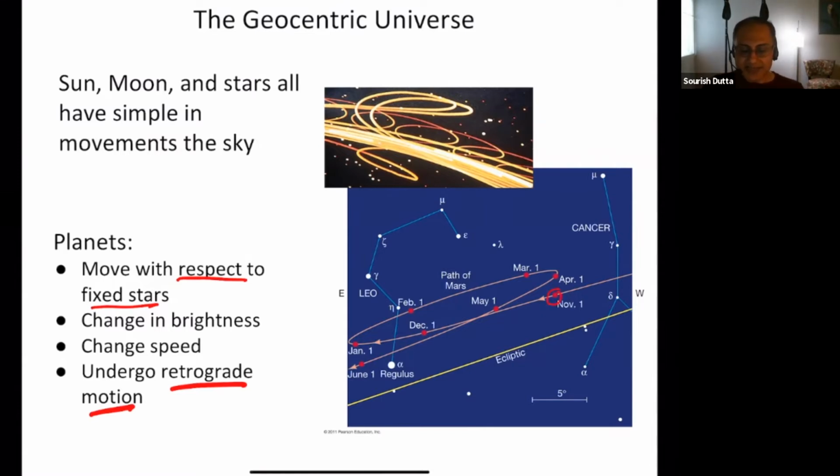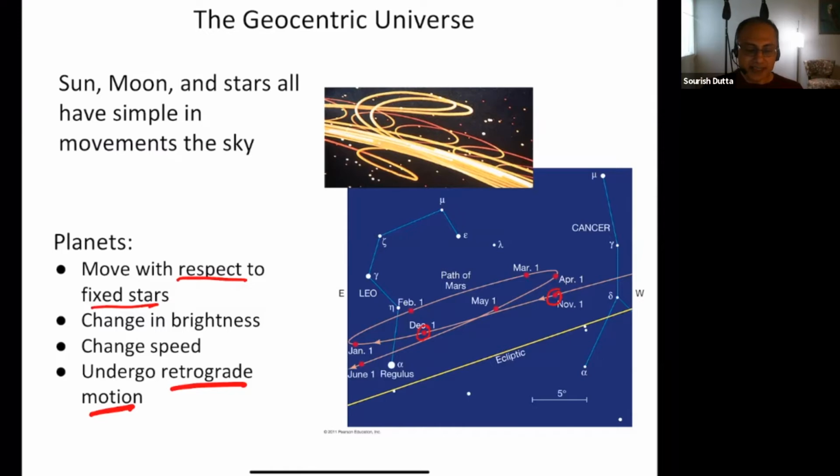You can easily use these stars. There are some stars, and you can see the constellation Leo and the constellation Cancer. So these stars will not change position, so you can easily use them as a reference to keep track of the positions of the planets. So in November, you'll see Mars over there, the place where I drew a circle. In December, you will see that Mars has changed position quite a bit, and now it's over here.